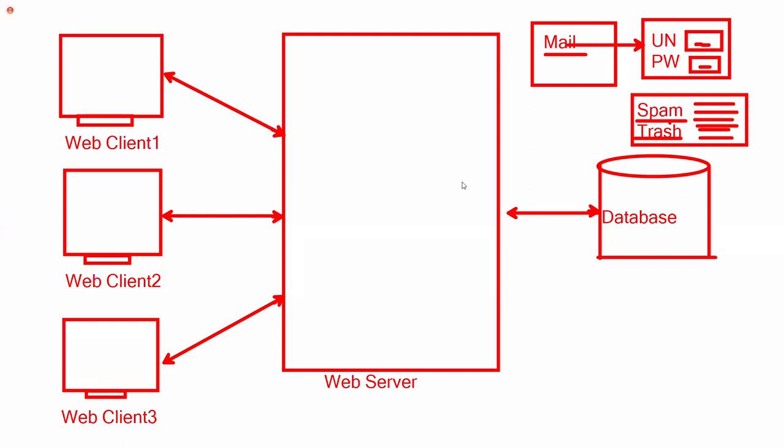Spam and trash. If any bulk mail comes into the spam box, that is also artificial intelligence. Whenever a mail comes, it has to be placed either in the inbox or in spam, and the program will decide. How will it decide? If the mail is forwarded to hundreds of people, it is placed in spam. If the mail came one by one only, it is placed in the inbox.